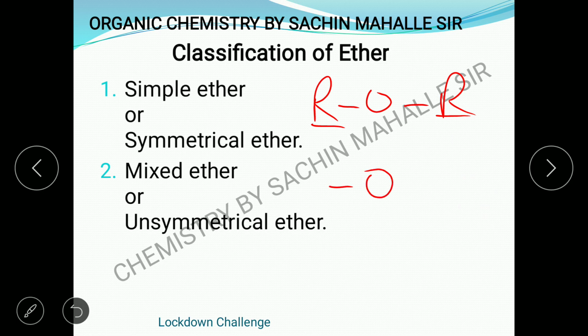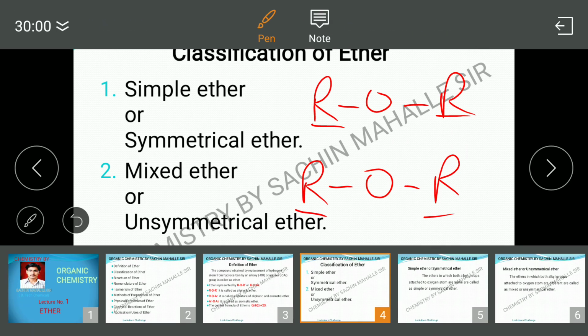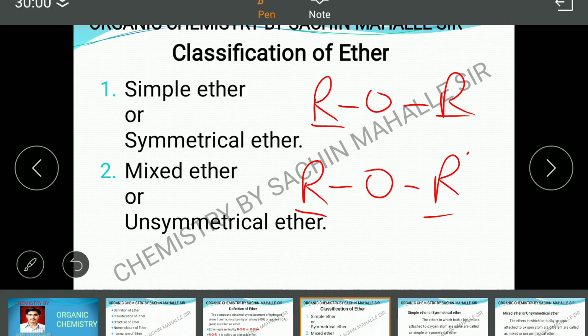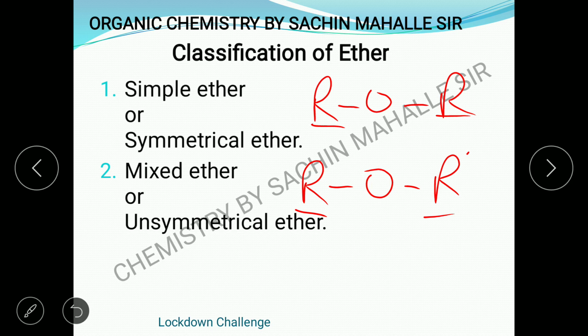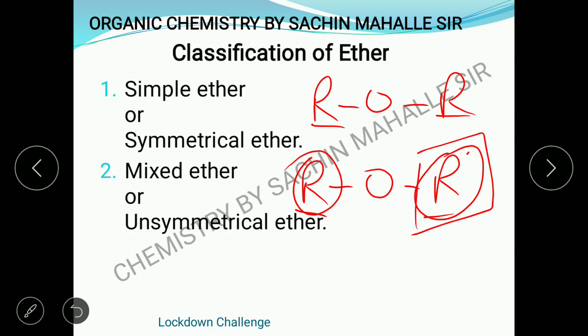If the oxygen atom is attached to alkyl groups but the two alkyl groups are different, we write ROR dash. That means the first R and second R are different. That's why we note R dash here. This is symmetrical and unsymmetrical.